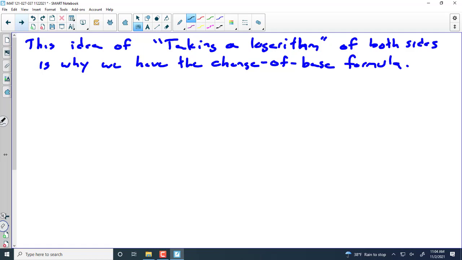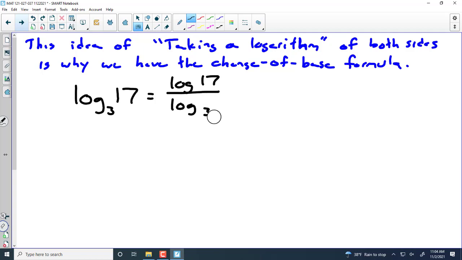Let me remind you what the change of base formula is. The change of base formula tells us that if we're trying to do a logarithm of some other base besides base 10 or base e, which we can do on our calculator, then we can rewrite using any base we want.